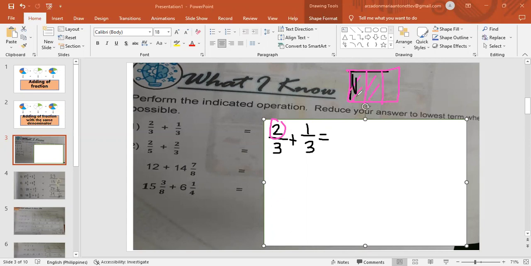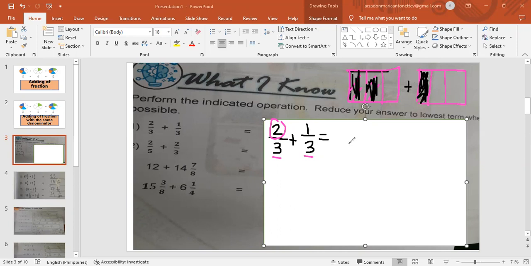We shade the 1 and 2 like that. And then we're going to add the 1/3. So you have the same denominator again. Just draw one triangle with 3 parts again, but only one shaded. Okay, and you're going to add them together.